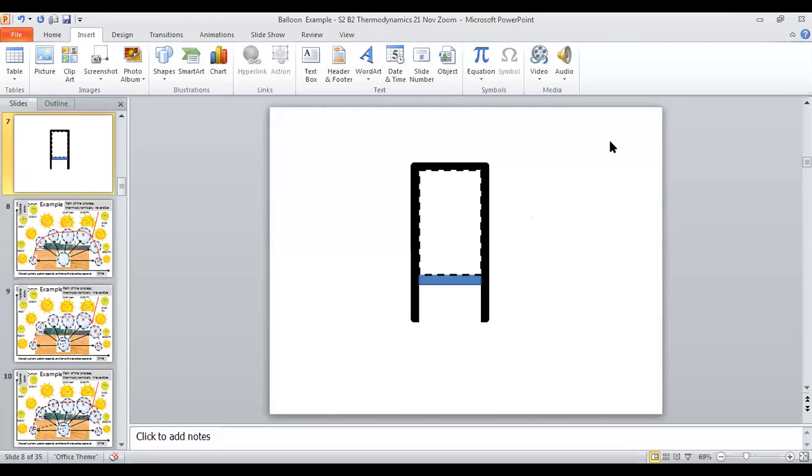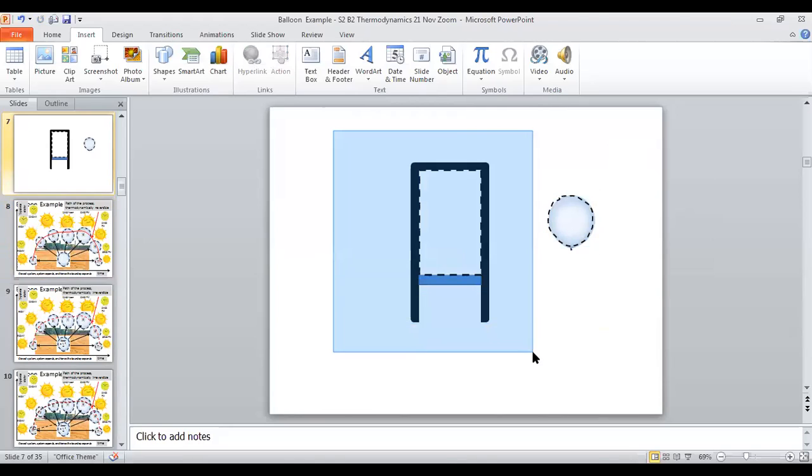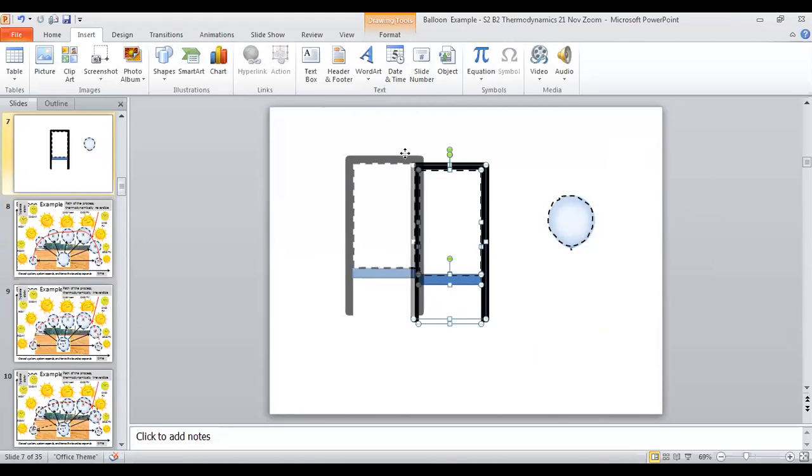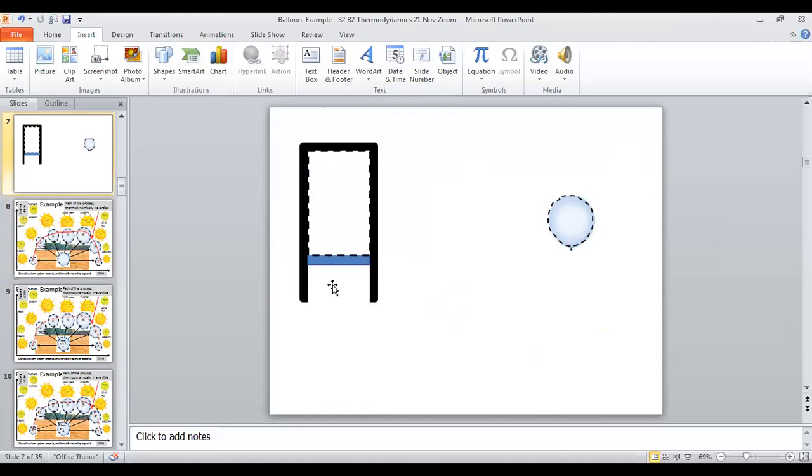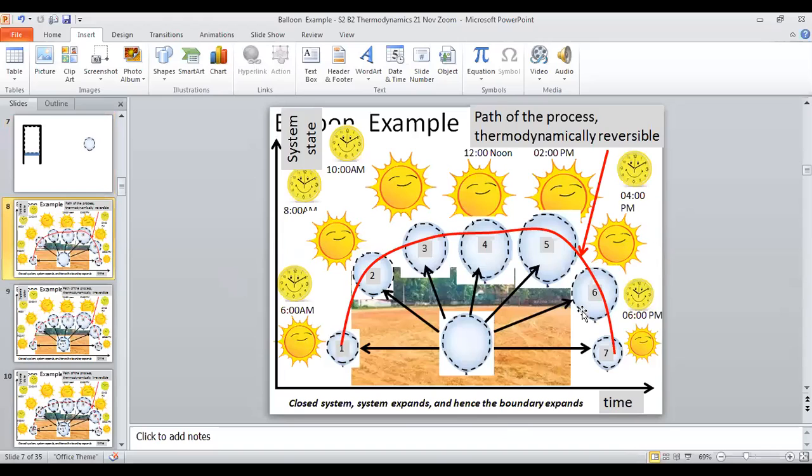It seems like the balloon, no difference. That is important. So you can see this balloon.